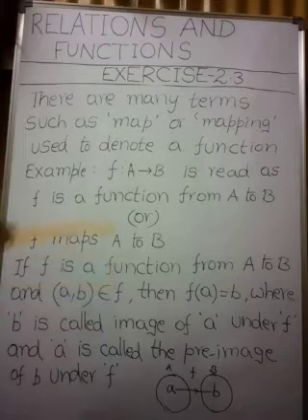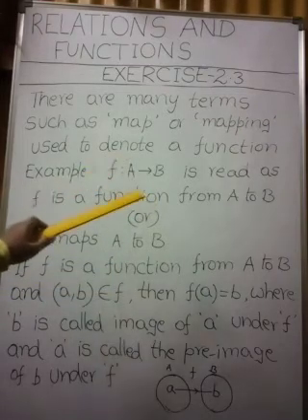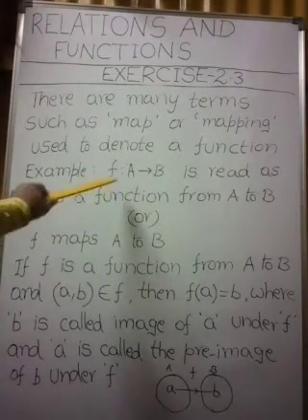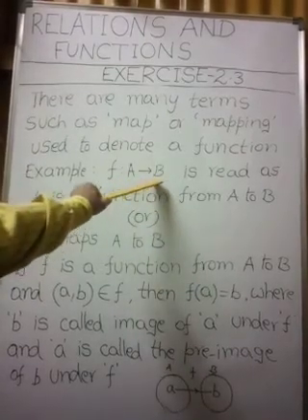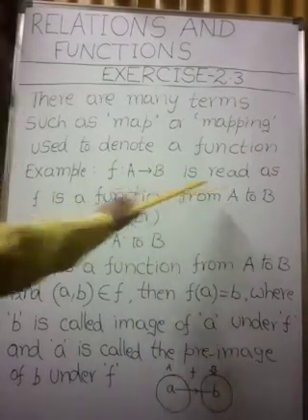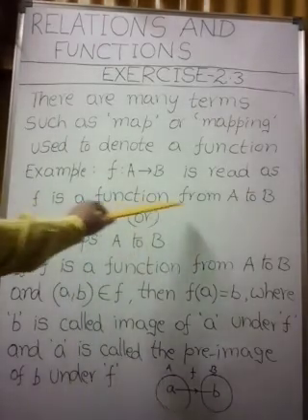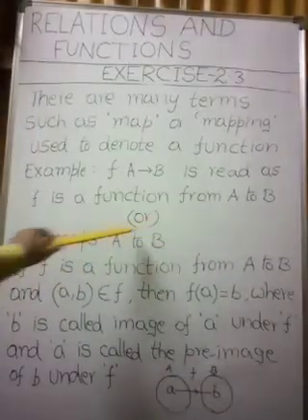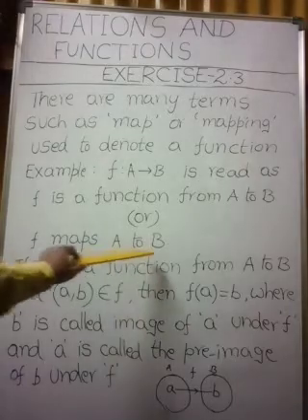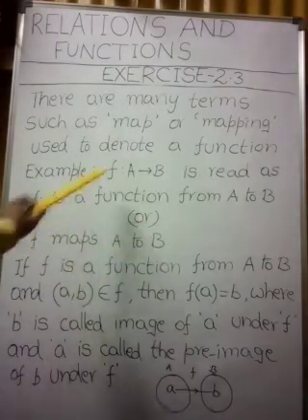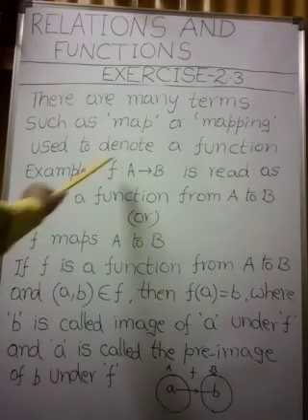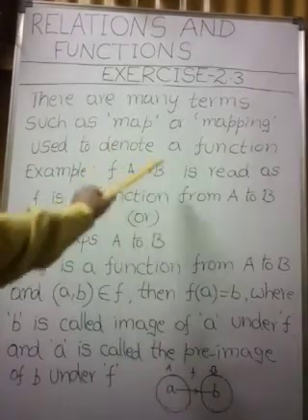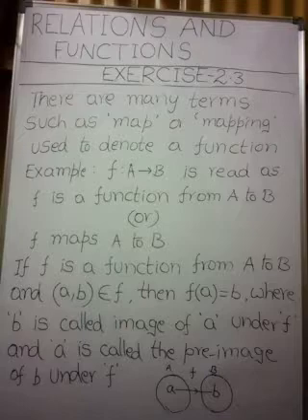Suppose f is a mapping from A to B, then it is denoted by this notation. f: A → B, and it is read as f is a function from A to B, or f maps A to B, or f is a mapping from A to B. In this way we read this notation. Okay, my dear children, understood? Right.